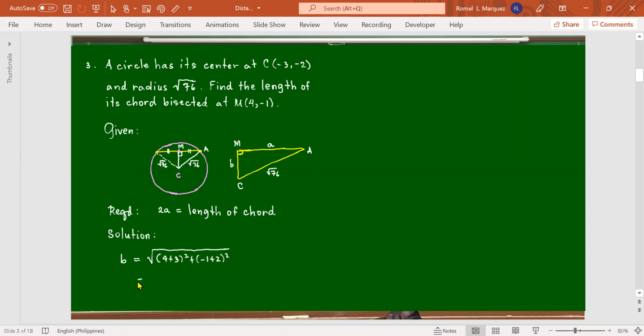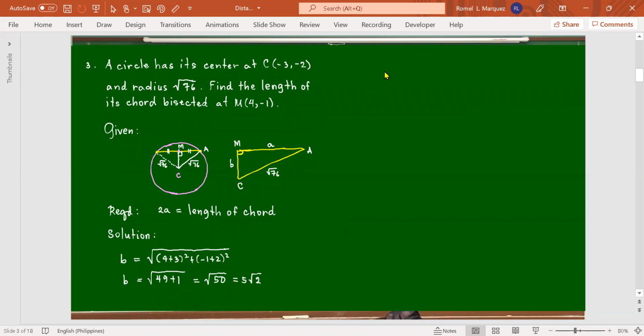So getting the square root of, what's the value, guys? We have 49 plus 1, right? So that is my b, which is equal to the square root of 50, or that is what, guys? 5 square root of 2, no? Am I correct? Yes po, sir.